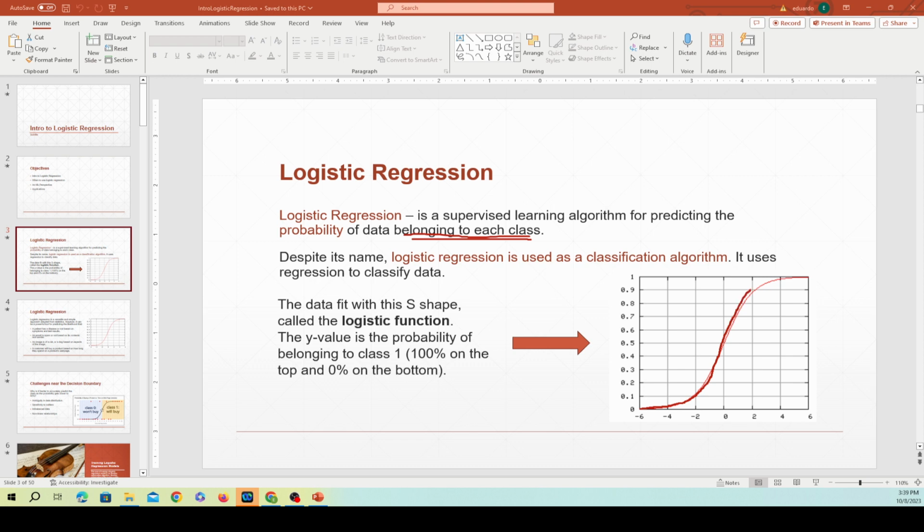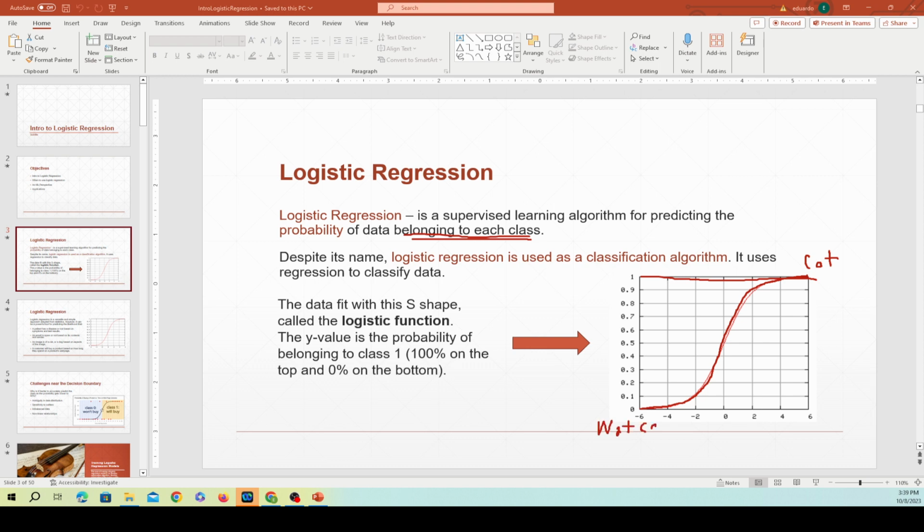So a logistic regression will be represented by a graph that looks like an S shape. The y value represents the probability of belonging to class 1, which means 100% on the top, and 0% on the bottom. So here's the classification: either it is going to be a cat or not a cat.